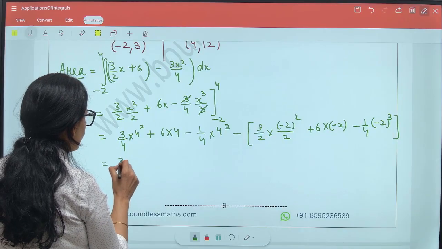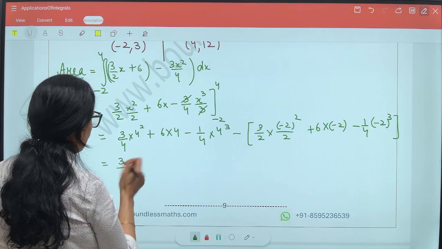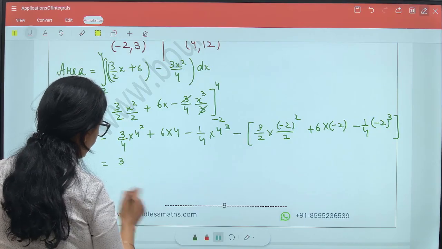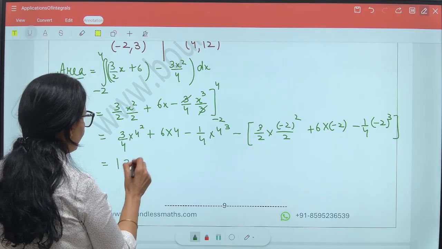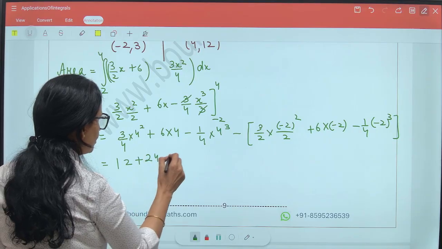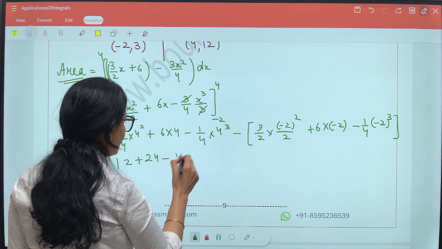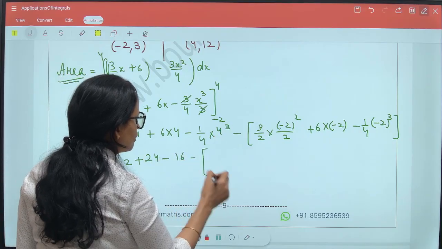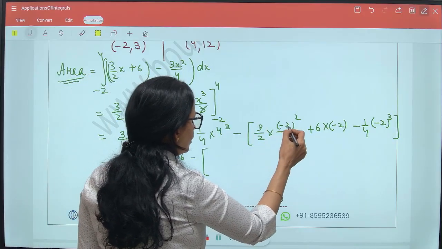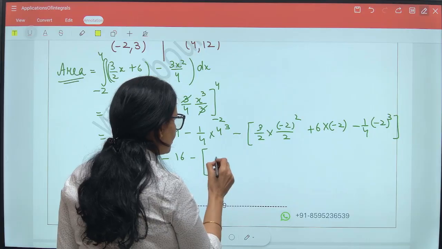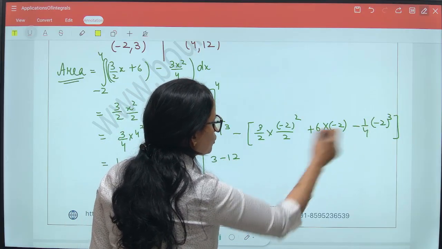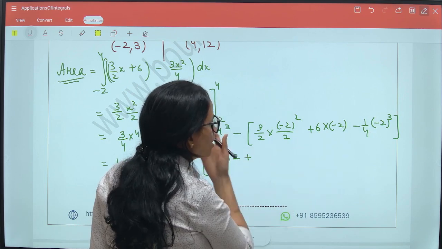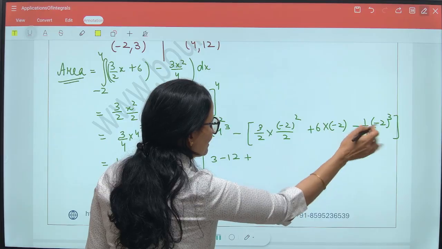This becomes 3 by 3 into 4, that is 12. So it is going to be 12 plus 6 4s are 24 minus 4 square is 16 minus, within the brackets we have 2 gets cancelled, so it is 3 minus 12, and we have minus into minus plus, 2 2s are 4, 4 gets cancelled, 2.